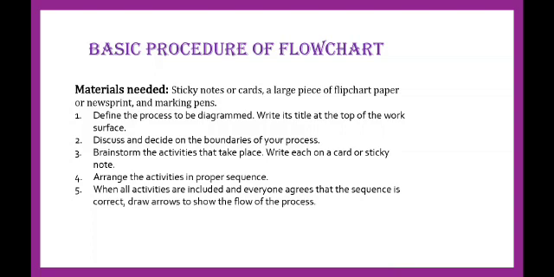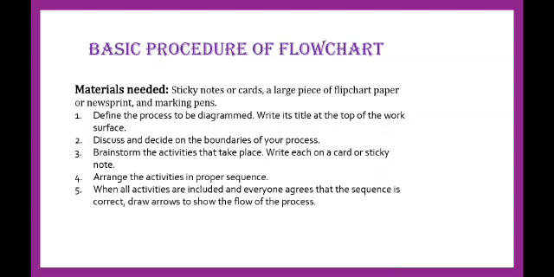So first, what we have to do is define the process to be diagrammed, like which flowchart you are going to draw. After that we have to write a title at the top of the paper, and then decide the boundaries of your process.